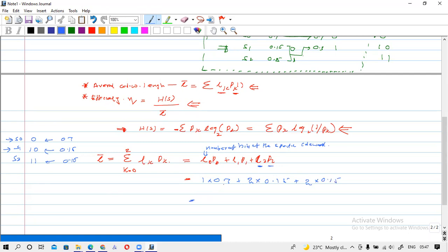So 0.7 plus 0.3 plus 0.3, that is 0.6 here, so you will get 1.3 bits per character. As it is mentioned here as symbols, bits per symbol, so the word symbols is also okay. So it is 1.3 bits per symbol or character.